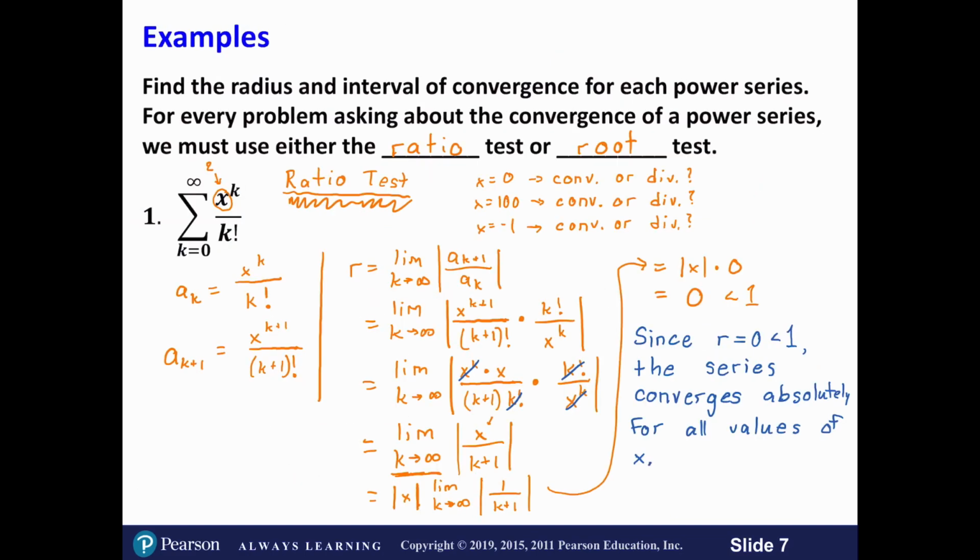So we will say that the radius of convergence is equal to infinity, and the interval of convergence is equal to negative infinity to positive infinity.